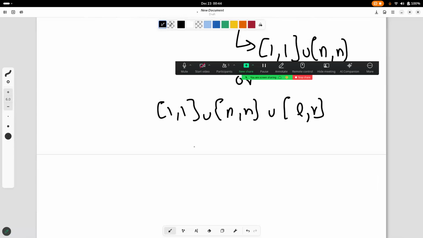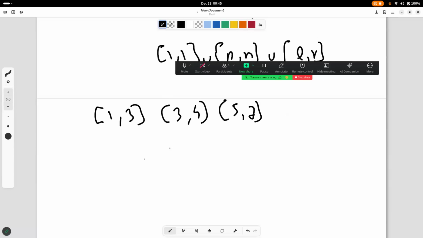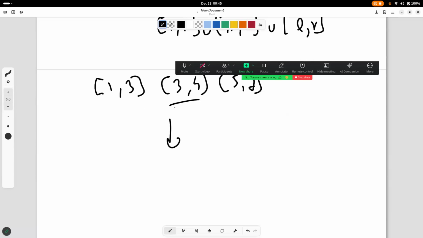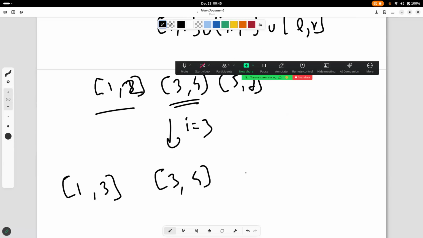And finally, once you're done with all this, you could merge ranges. For example, it may happen that you started with ranges of this form, and after doing some operation with I equal to 3, that would give you 3 4, and actually let's just say this is 2, and that would lead to 1 2 over here becoming 1 3, 5 7 over here becoming 4 7.